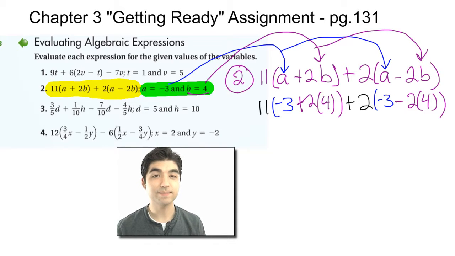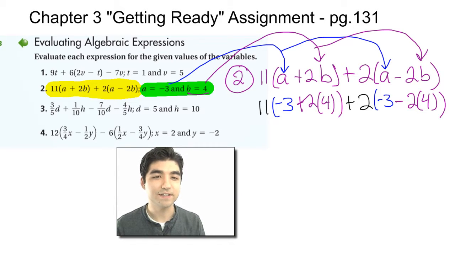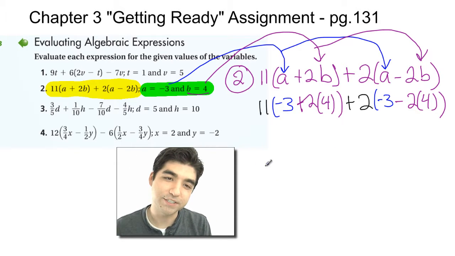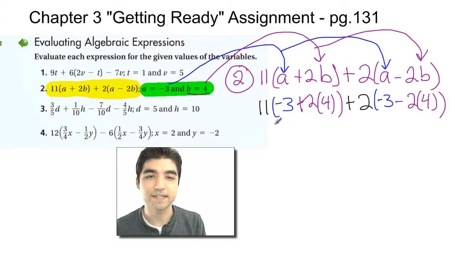That is basically the hard thinking part of it. The rest of it is just going through the equation and simplifying it. Hopefully you remember your order of operations: we need to do the stuff inside the parentheses first before we can touch anything on the outside.